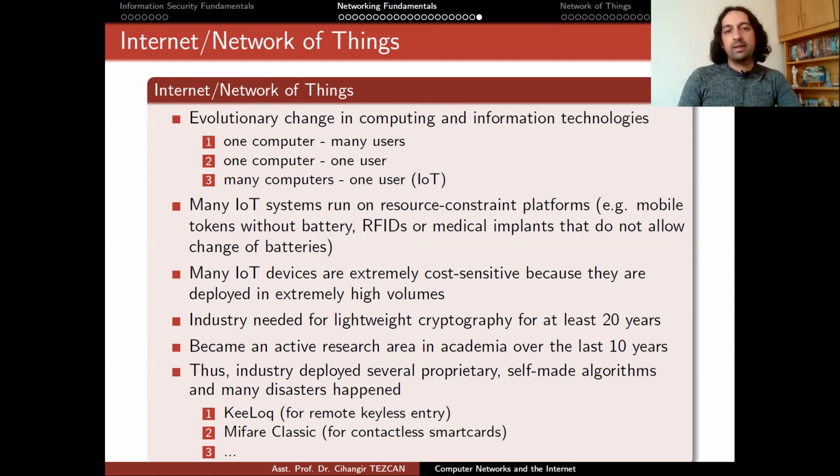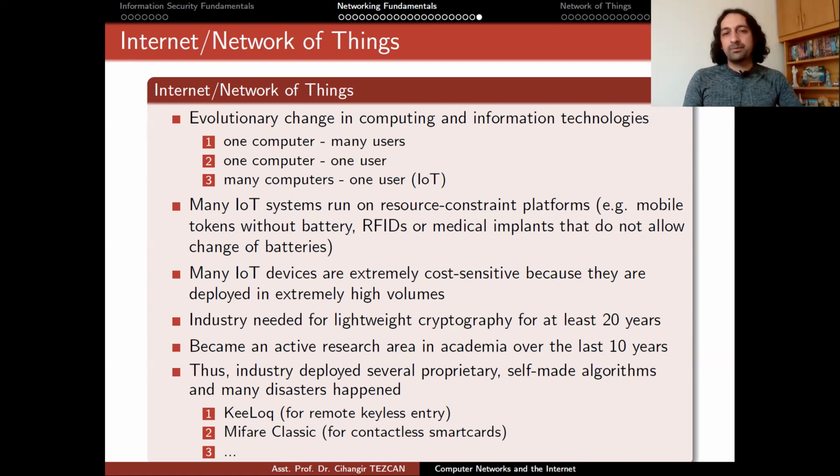There were many examples in this scenario. So this is why we are worried about the age of Internet of Things, because many solutions were broken before, and currently there isn't any standard for lightweight algorithms for these kinds of devices.